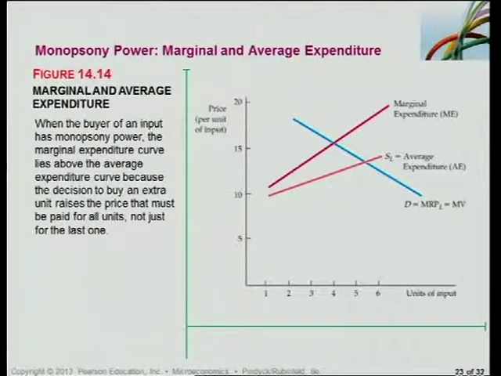Now, what is important here is why the marginal expenditure curve rises above the average expenditure curve. Because under a monopsonistic labor market, if you want to employ an additional unit of labor, you have to pay not only that unit a higher wage, because the price of labor is the wage, but you have to pay all units the higher price.